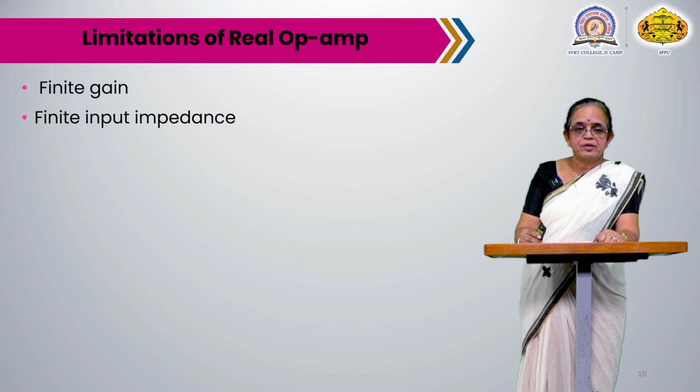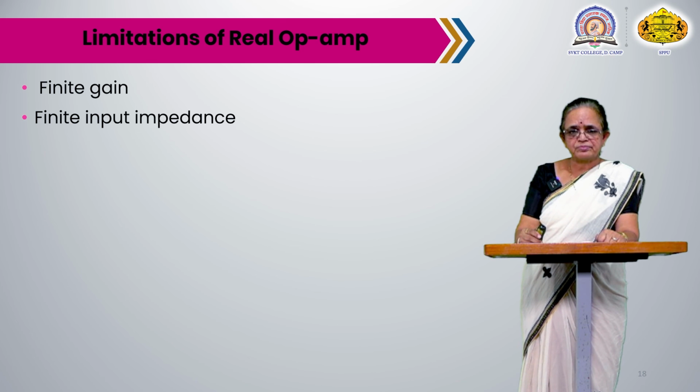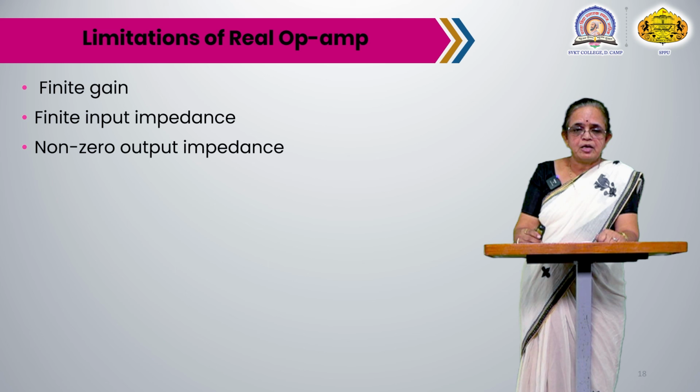Ideally, the input impedance is infinity, so there is no leakage current in an ideal op-amp, but in a real op-amp the input impedance is finite, and therefore some current flows between the inverting and non-inverting terminals, because there is a resistance Ri between them.